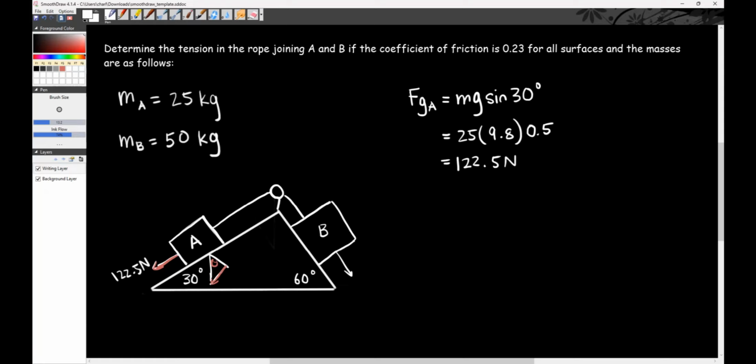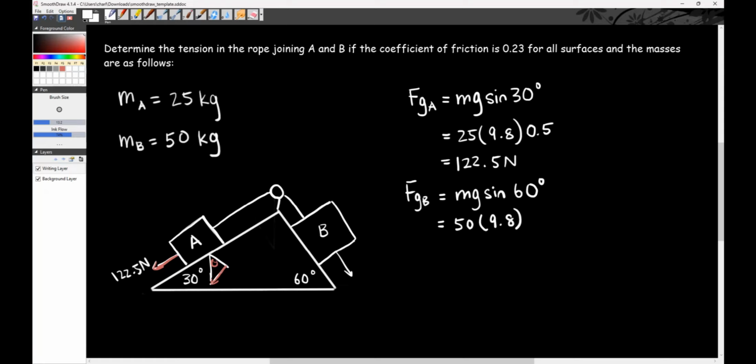Now we want to find the force of gravity on B, so we can compare and see which one's larger. Again, since it's on an angle, it doesn't matter which way it is. You can always use just mg and then sine theta, which in this case is 60 degrees. The mass of block B is 50. G is always 9.8.